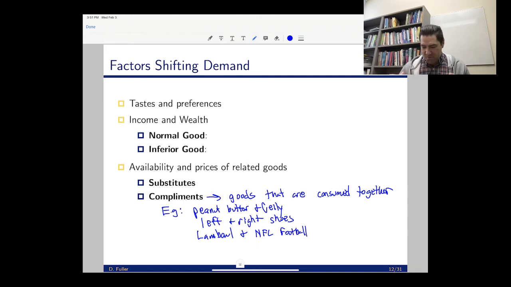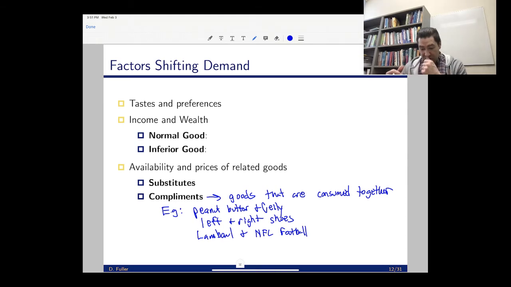It comes in like a souvenir helmet, and it has tater tots, cheese curds, bratwurst, cheese sauce, and jalapenos, I think, if I remember right. So it's got everything you could possibly want to throw into one thing. So that's a concession that I get at the Green Bay Packer game. So that good, Lamb Bowls, are a complementary good to an NFL football game or a Green Bay Packers game.